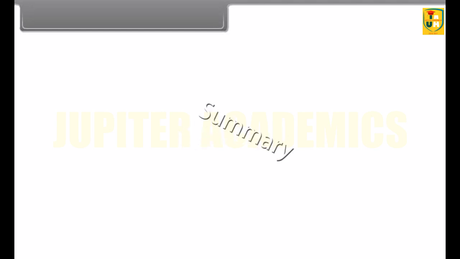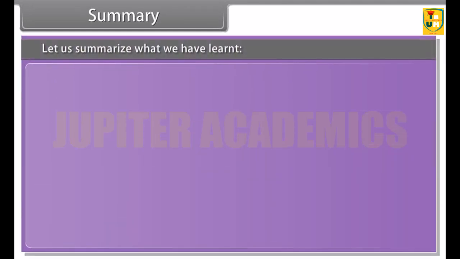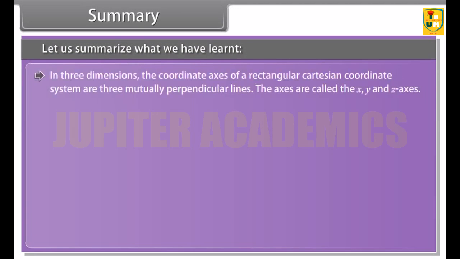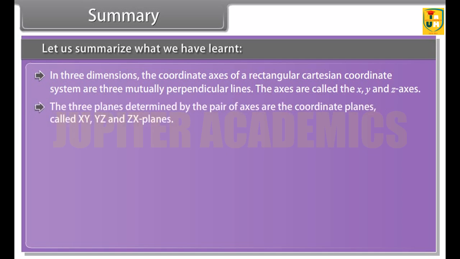Summary. Let us summarize what we have learned. In 3 dimensions, the coordinate axes of a rectangular Cartesian coordinate system are 3 mutually perpendicular lines. The axes are called the x, y, and z axes. The 3 planes determined by the pair of axes are the coordinate planes called xy, yz, and zx planes.